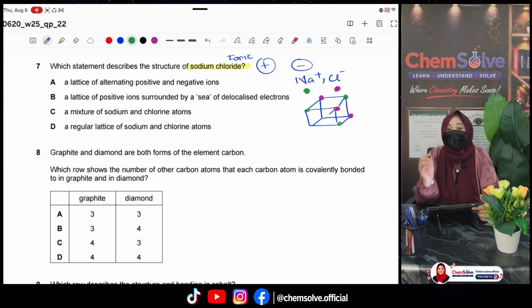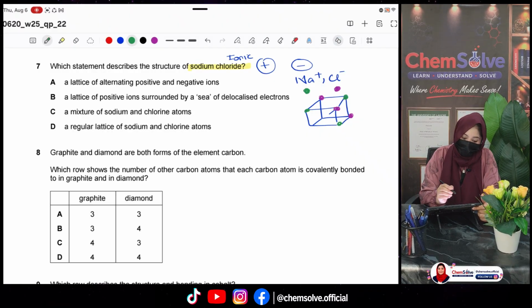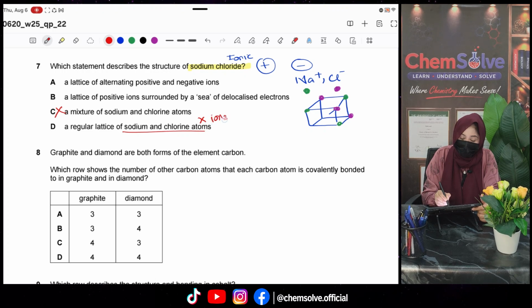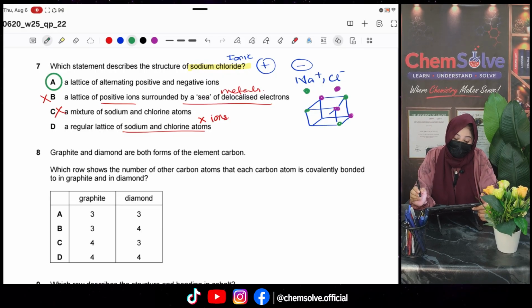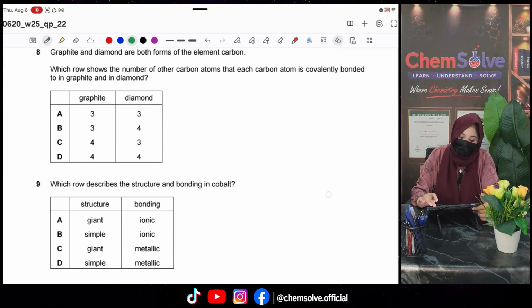So basically it's a lattice in which the positive and negative ions alternate with each other. From this discussion, it's not a mixture. Not sodium and chloride atoms, but ions instead. And positive ions surrounded by a sea of delocalized electrons is for metals, not for ionic compounds. So I believe A is the correct option, which says it's a lattice of alternating positive and negative ions.